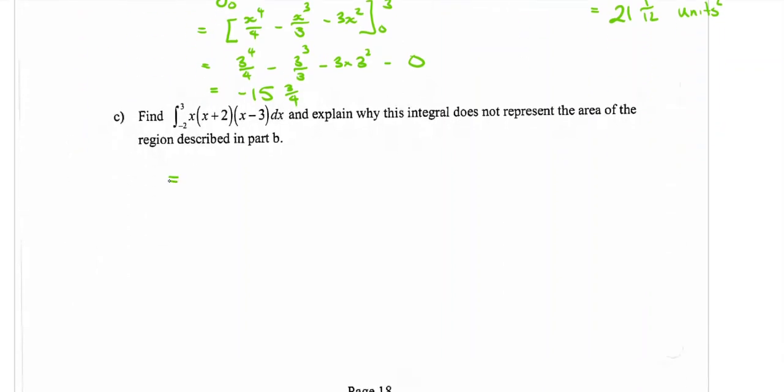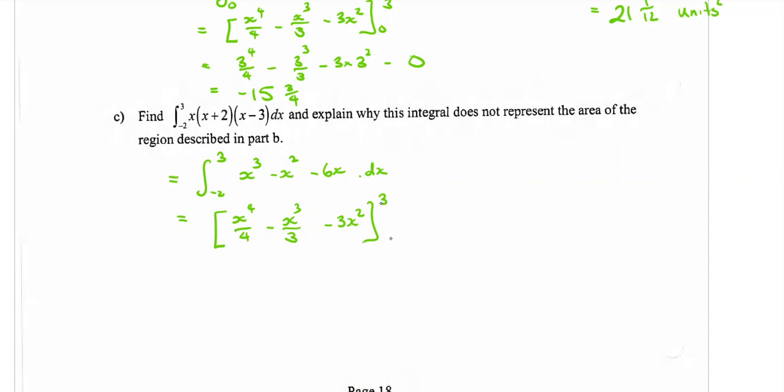Pretending that I don't know or don't care about the negative part, I'm just going to integrate normally between minus 2 and 3. The expanded version, so that's x cubed minus x squared, yes it is squared, I've got to look back to my notes, minus 6x. We already know what the integral is. It's x to the 4 over 4 minus x cubed over 3 minus 3x squared.